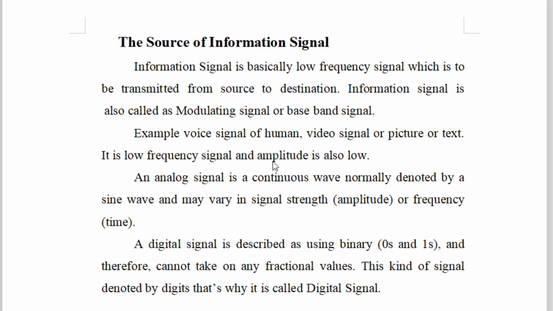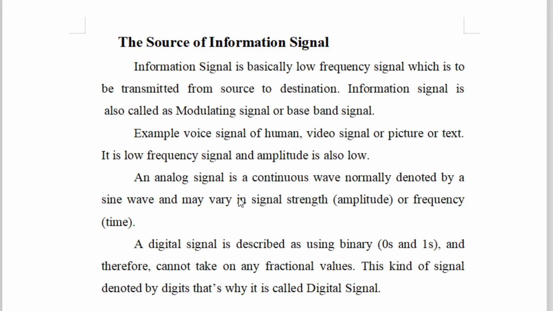It is a low frequency signal and its amplitude is also low. An analog signal is a continuous wave normally denoted by a sine wave, and it may vary in signal strength, that is amplitude, or frequency with time. So in analog signal, a sine wave is taken as one of the examples of the analog signal.